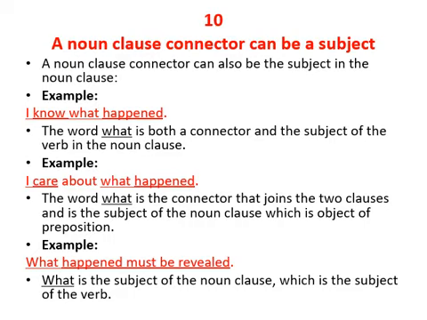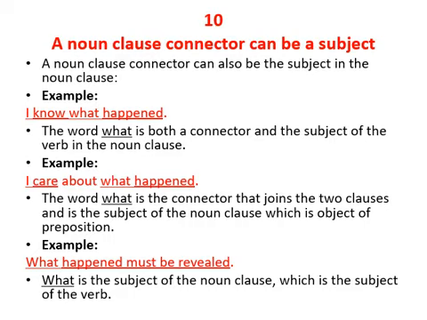What happened must be revealed. طيب must be revealed دي الفعل. يبقى أنا عايزة subject. السبجكت بتاع الفعل ده اللي هو must be revealed. what happened لازم يبقى عندي اهو happened is a verb. يبقى what غير انه connector it is the subject of الclause دي اللي هي what happened.